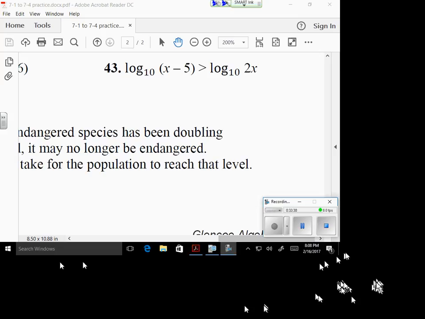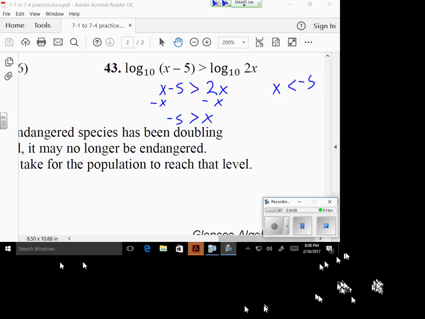Same situation, same logs. Drop the logs. X minus 5 needs to be greater than 2x. So I'm going to subtract x, make it a little bit quicker. Negative 5 would be greater than x. So that means x needs to be less than negative 5.